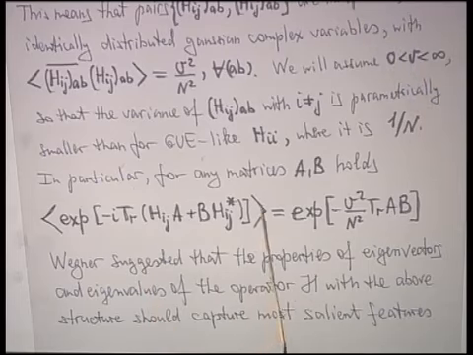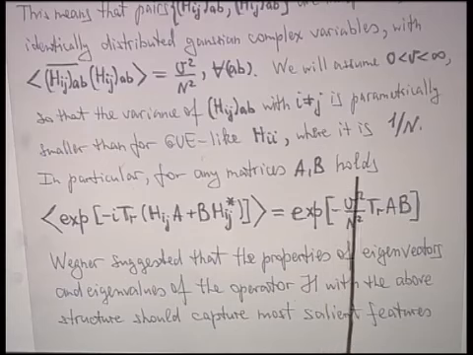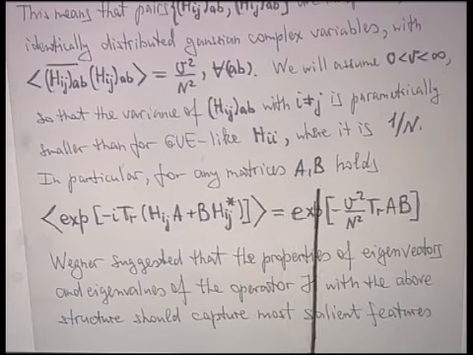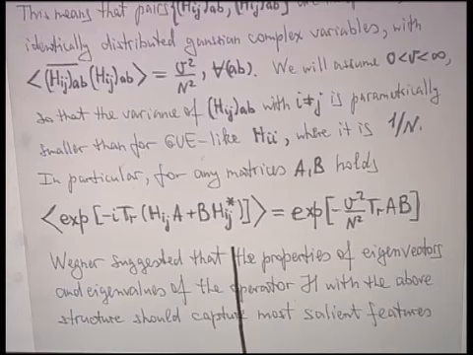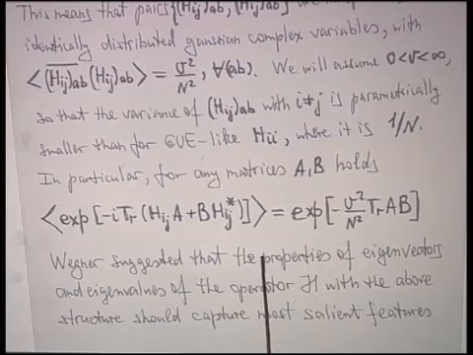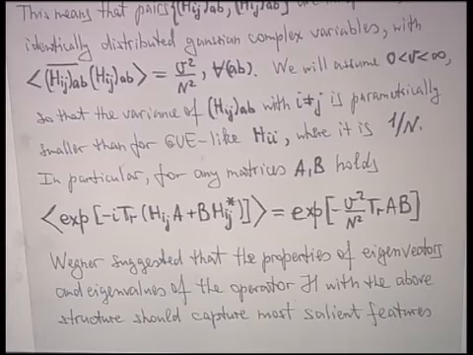And Wegner realized that these types of models can be used to reproduce the most conspicuous and important salient features of localization for more standard models like the Laplacian plus random potential on a lattice.